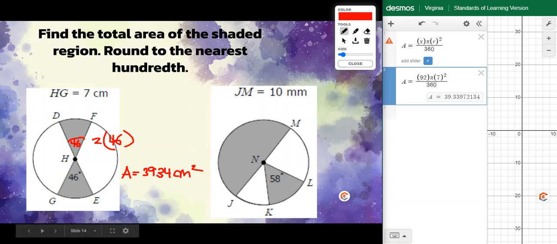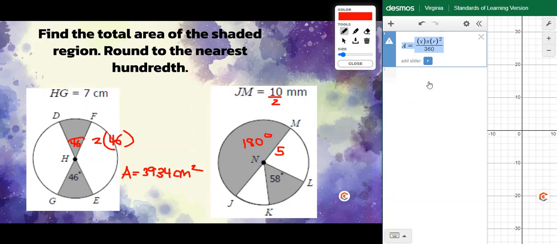Okay, for the other problem, we're being given a semicircle, which we automatically know is 180 degrees. And then they also gave us JM. JM, though, would be the diameter. So to get the radius, we would need to divide that in half. Okay, so again, I'm going to control copy, control paste to a new line.